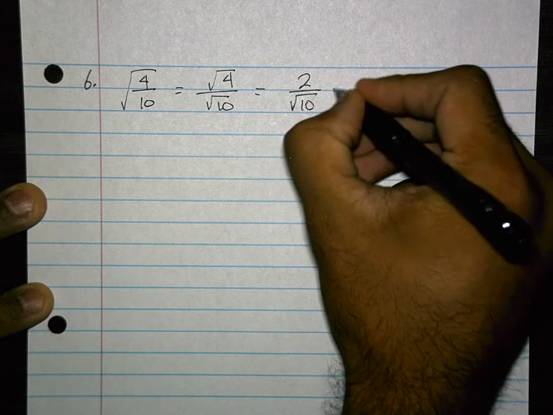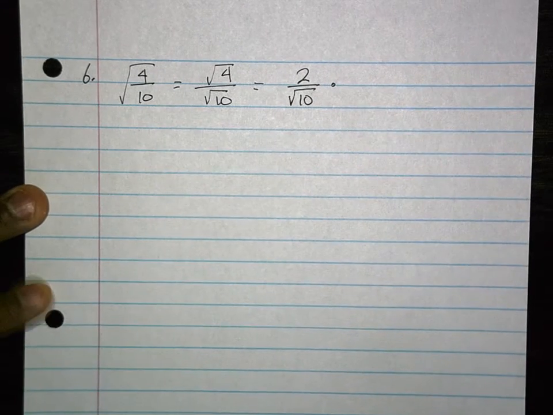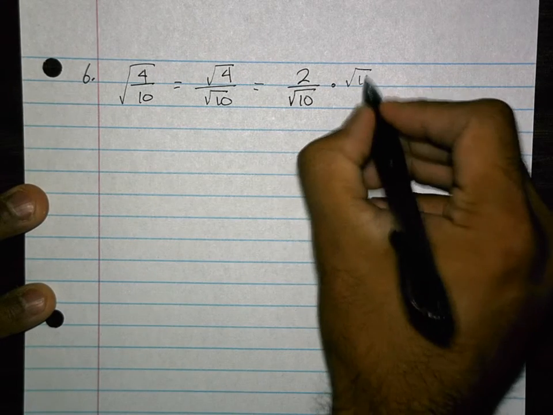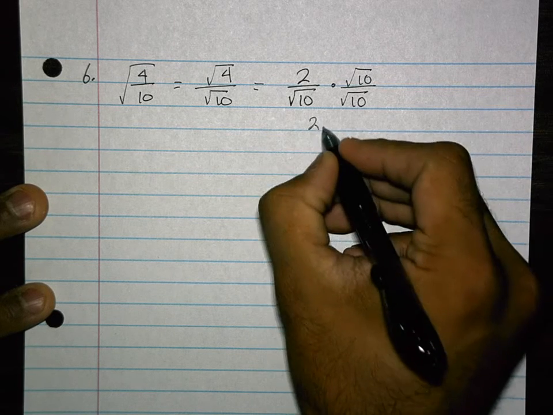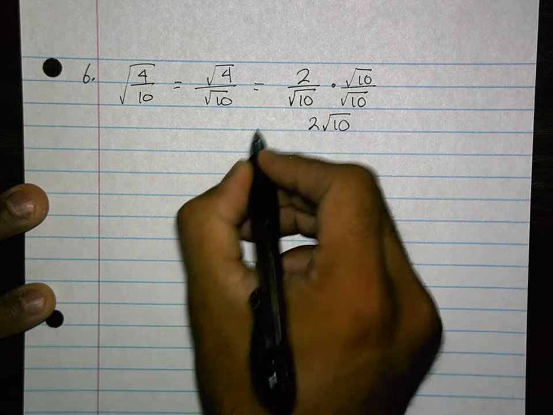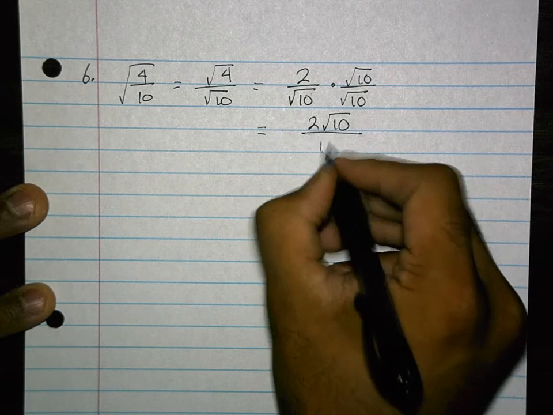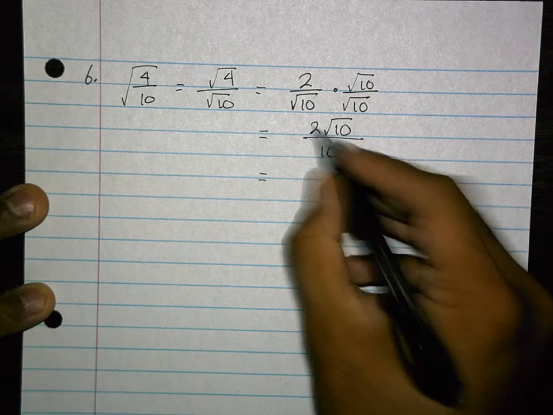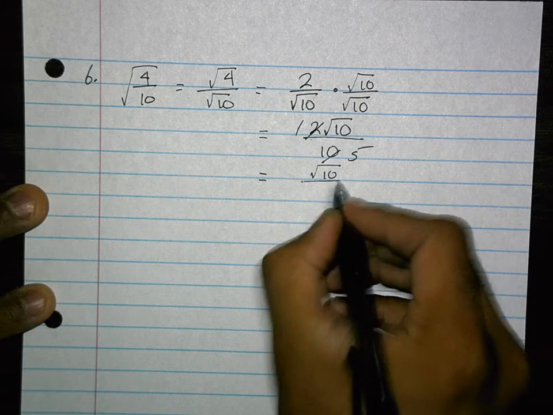Now that's simplified, but now I have to actually rationalize it. So I'm going to multiply by root 10 over root 10. And that gives me 2 root 10 over 10. Remember, 2 identical radicals times themselves is 10. But now this can also be reduced. Leaves me with the 1, leaves me with the 5. So I'm looking at root 10 all over 5.